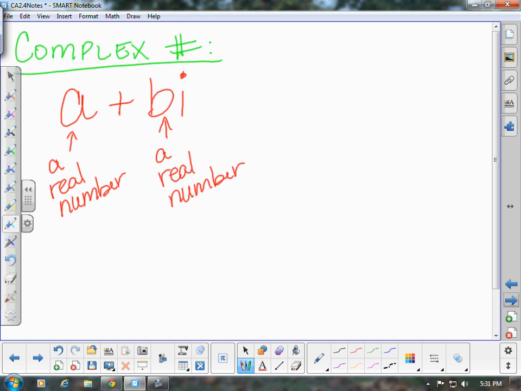A complex number is in the form of a plus bi. a is your real number, bi is your imaginary number. The b part is a real number though. But this whole thing is called the imaginary part.